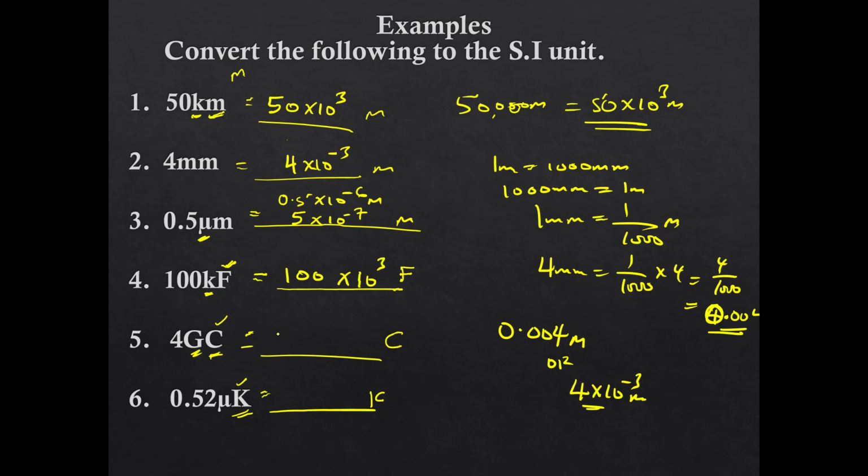Giga, you know what it is. So you have 4 times 10 power 9 coulombs. And then this is the same as 0.52 times 10 power negative 6 Kelvin, or 5.2 times 10 power negative 7 kelvins.